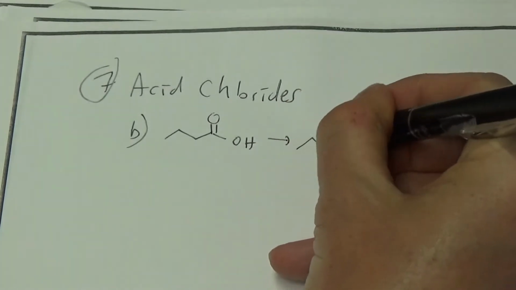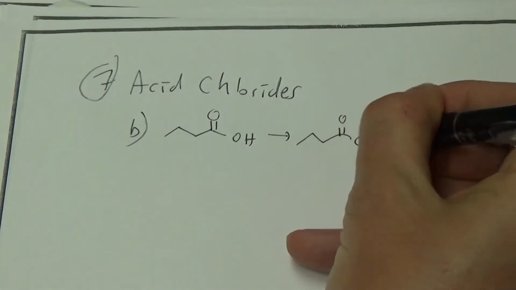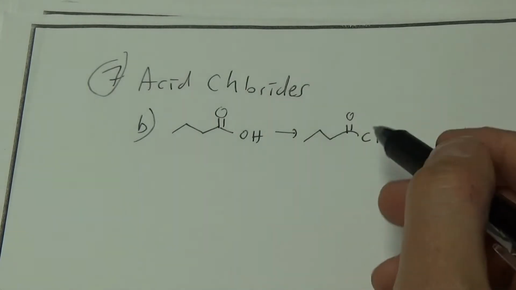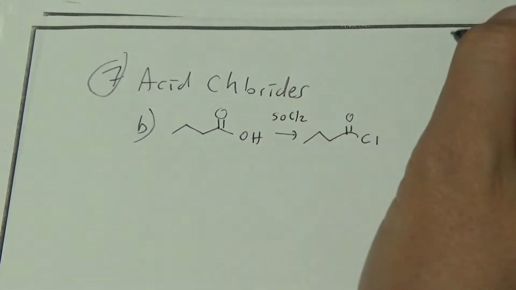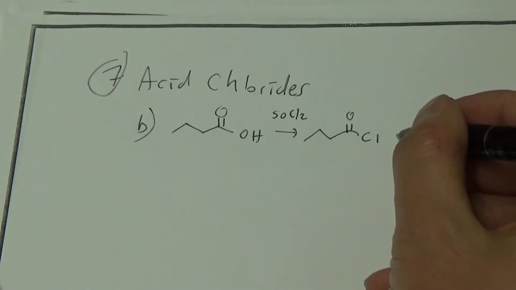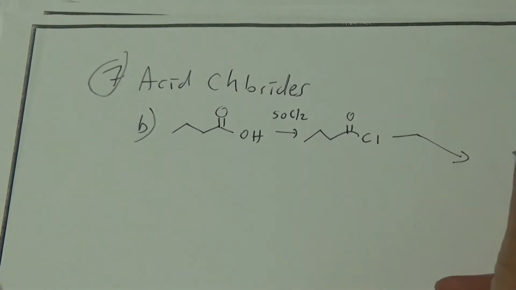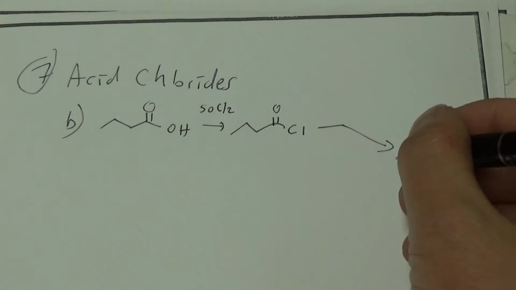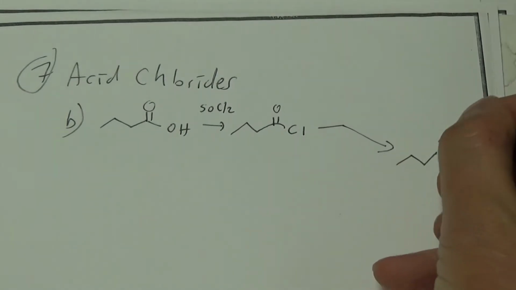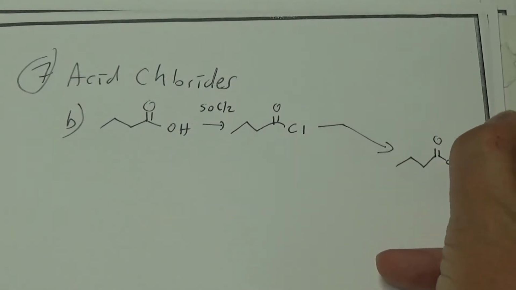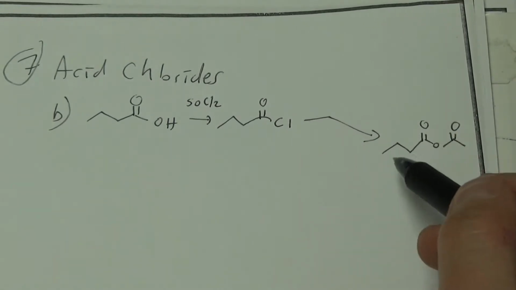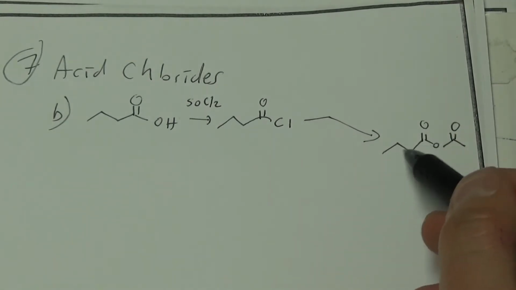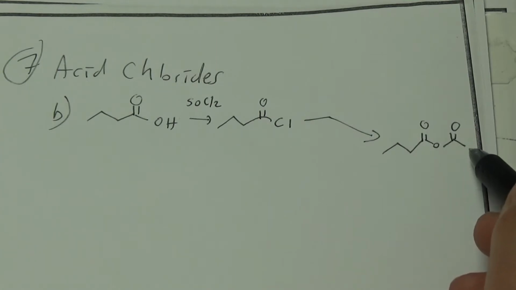How do you make the acid chloride of this? You would just use SOCl2. And then if I want, I can turn this into an anhydride. We'll make an anhydride that has a butyl group on one side and an acetyl group on the other.